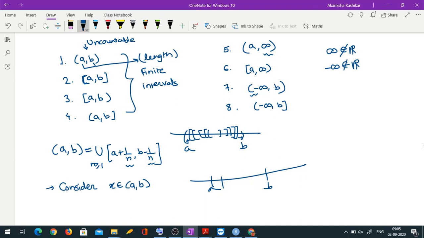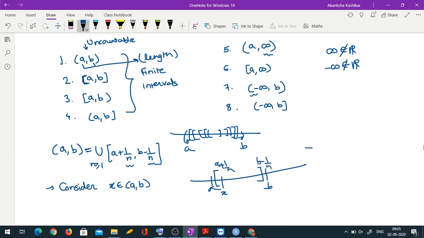We have to prove that x is in the union of the right hand side sets, which means we have to prove that x is in at least one of the closed intervals of the type [A plus 1 by n, B minus 1 by n]. So if this is x, I need to have at least one A plus 1 by n here, so that I can get the corresponding set.